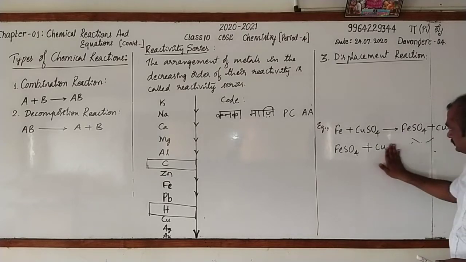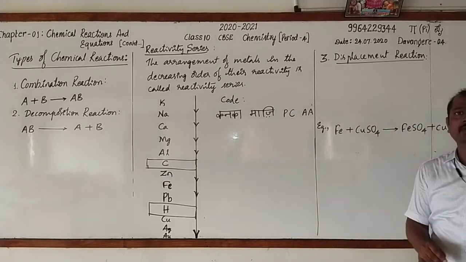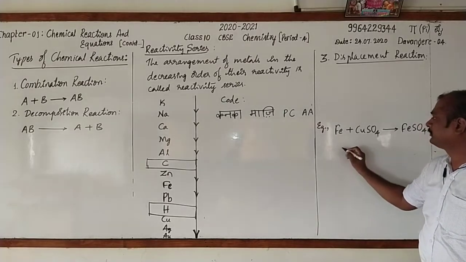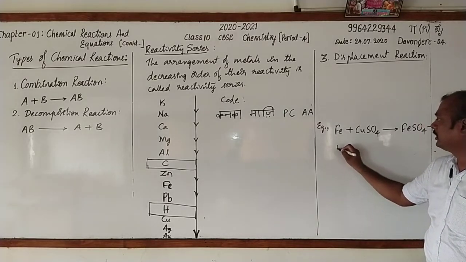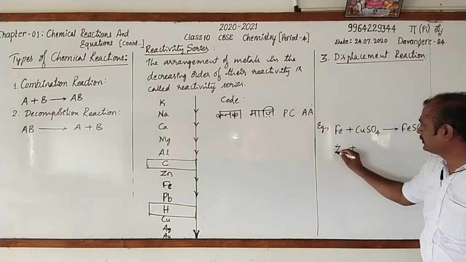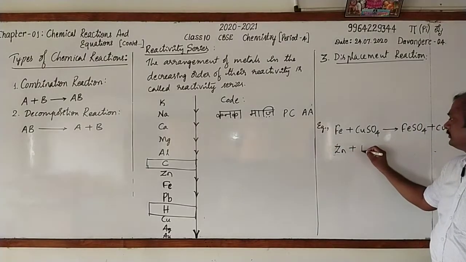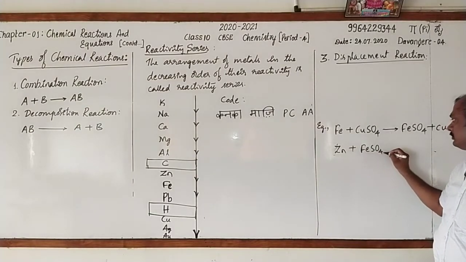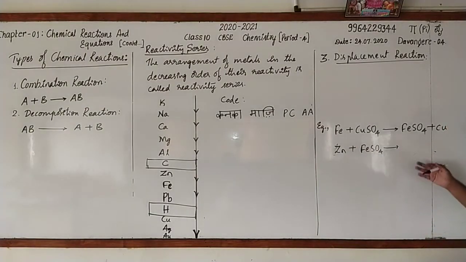Then I'll take one more. Again, I'll take zinc and FeSO4. Then can you tell the products? Yes. It is ZnSO4 plus Fe.